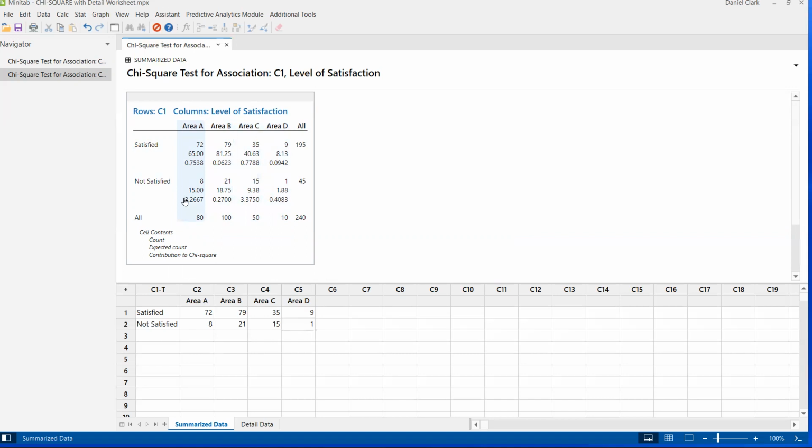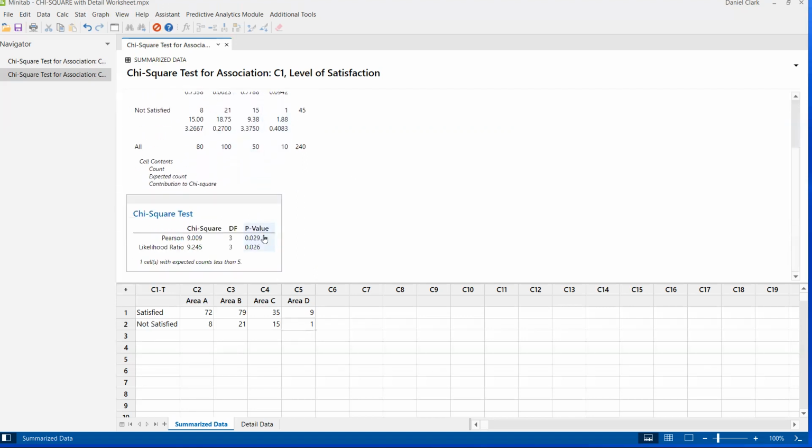So by looking at the contribution to the chi-squared statistic in each cell, I can see which cells Minitab sees as being more different than expected. And so what this tells me is that area A and area C are more different than expected than area B and area D are.